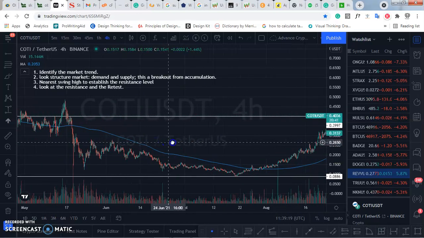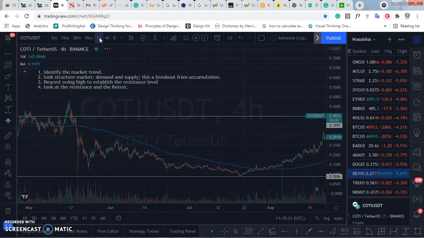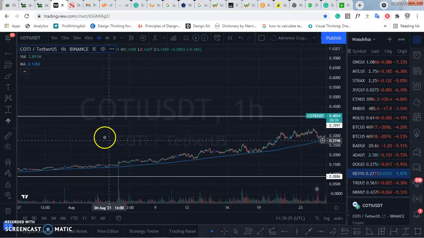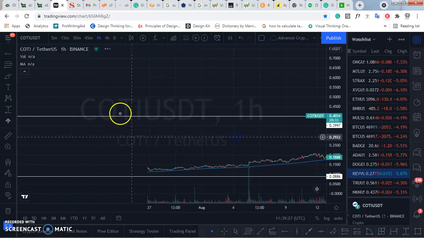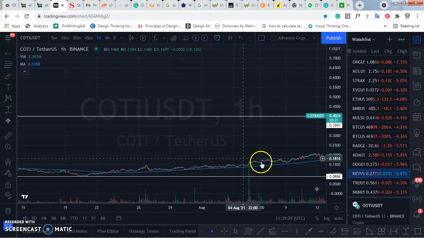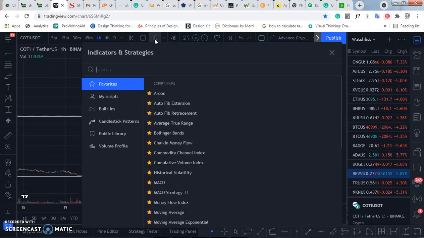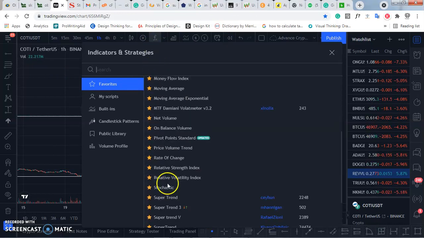You can validate this using the 1 hour time frame. The way you validate if this actually is a point of resistance is with an indicator called the pivot point indicator. These are some of the indicators that I use to trade anyway.